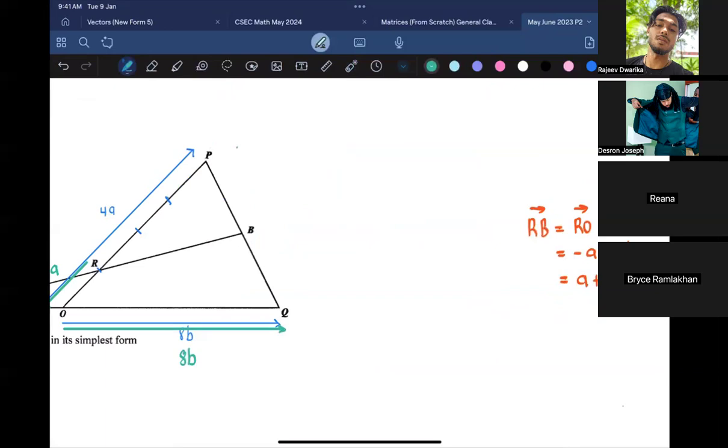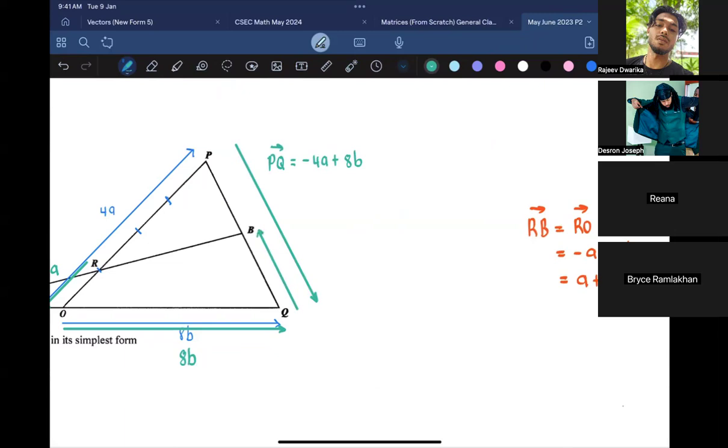We found out the start: P to Q. What is P to Q? P to Q is minus 4A plus 8B. Now let me ask you a question. Do we want to go in the same direction or the opposite direction? Opposite. Right.